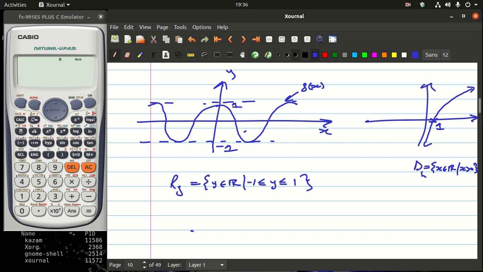The next step is to draw the number line, and the number line is starting at -1. I have -1 here, and then here I have a 1, and we have equal to there. So these points are shaded, and the range is in between these two, and this range here is our range of g, which is the inside function.